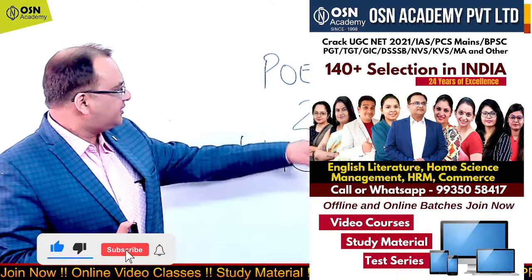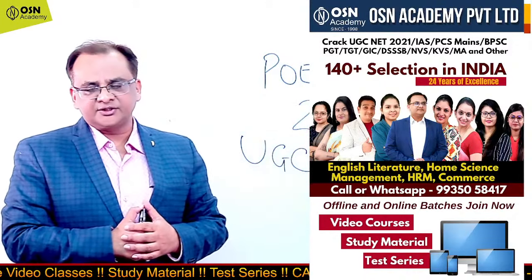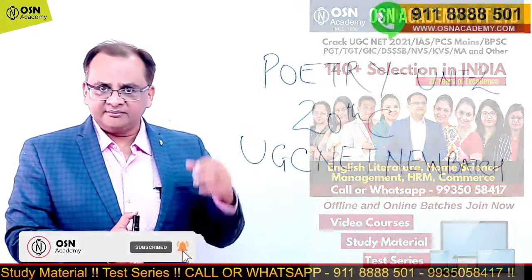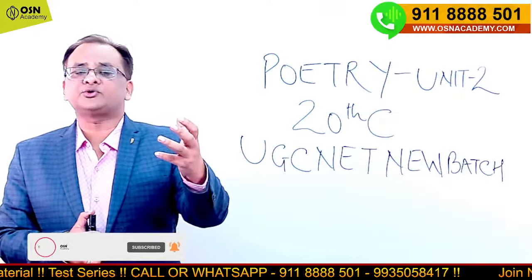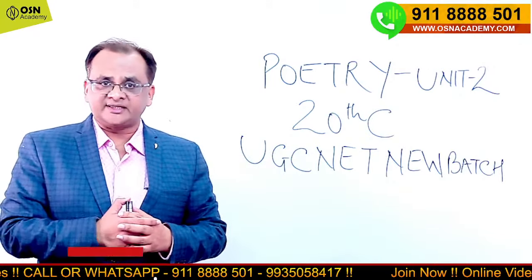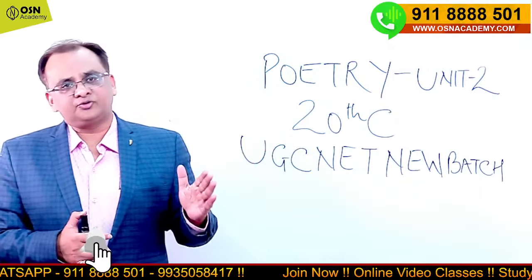This is unit number 2, poetry. You must have seen in your syllabus, students, that the syllabus is divided into 10 units. I'm telling you this for the new students who might not know and who wish to prepare and excel. So students, there are 10 units. Unit 1 is drama.